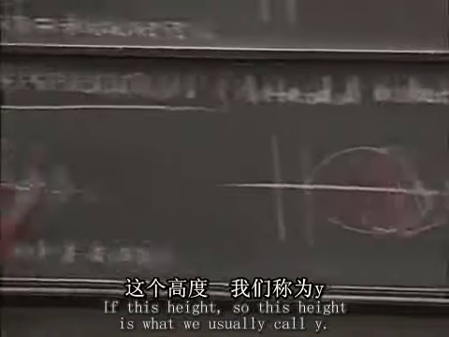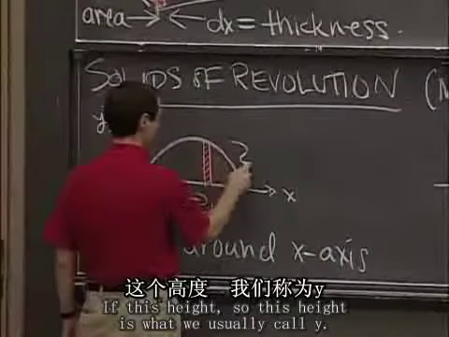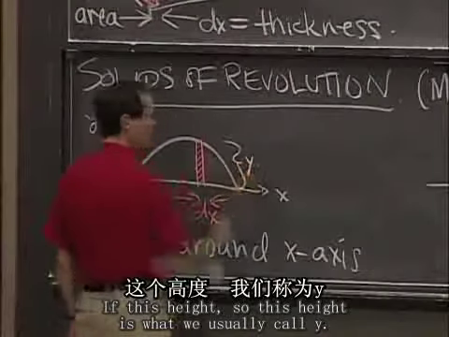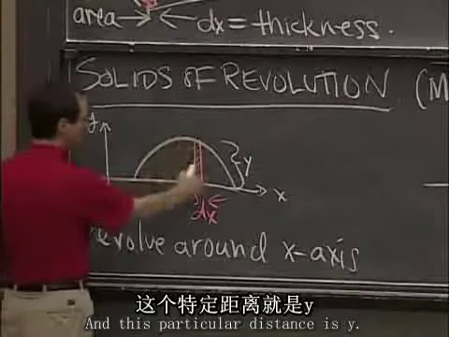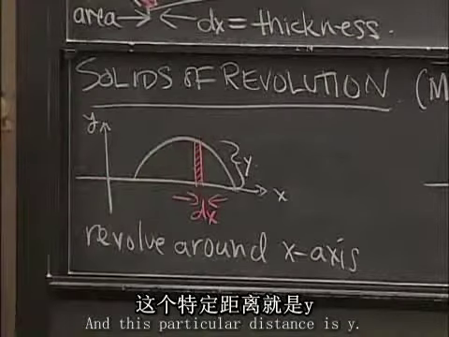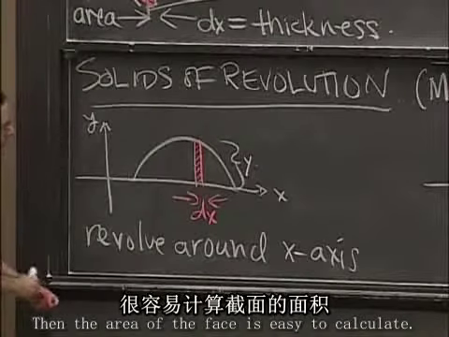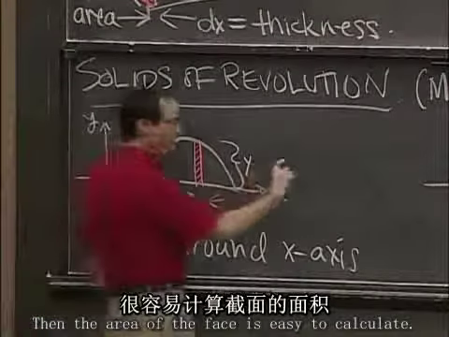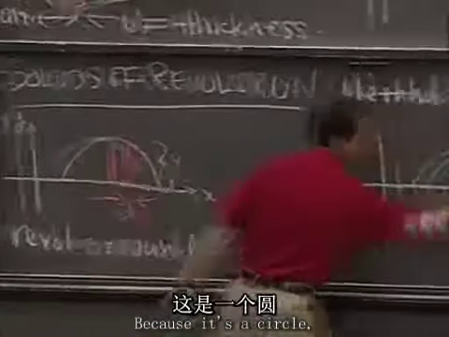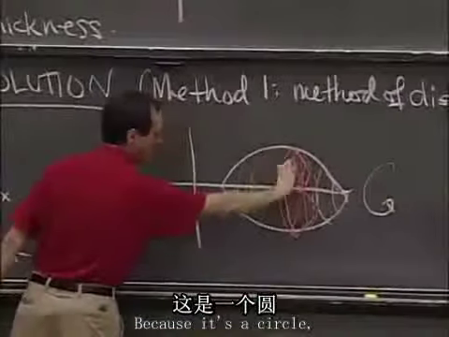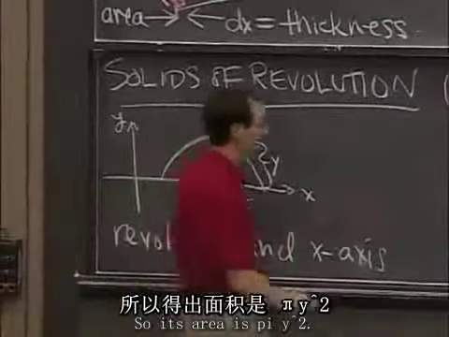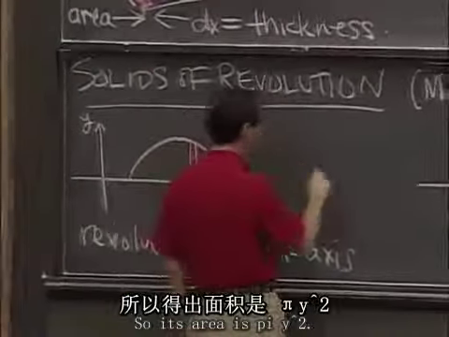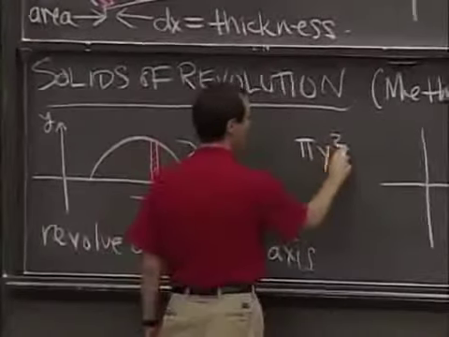If this height, so this height is what we usually call y. Y is usually a function of x. It's varying. And this particular distance is y. Then the area of the face is easy to calculate because it's a circle, or a disk, if you like, with this radius. So its area is pi y squared.